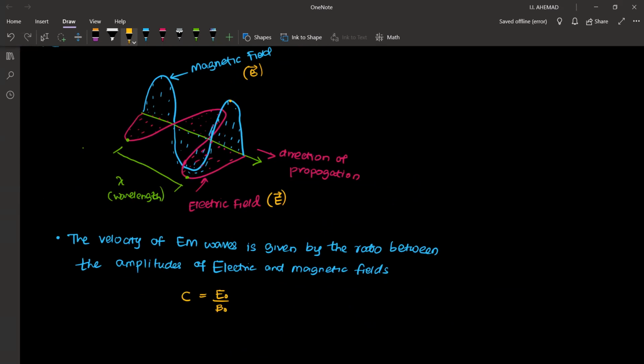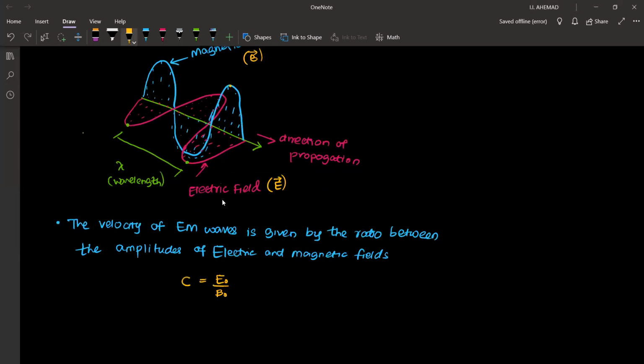Has everyone completed the diagram? Next point, we also have another equation.